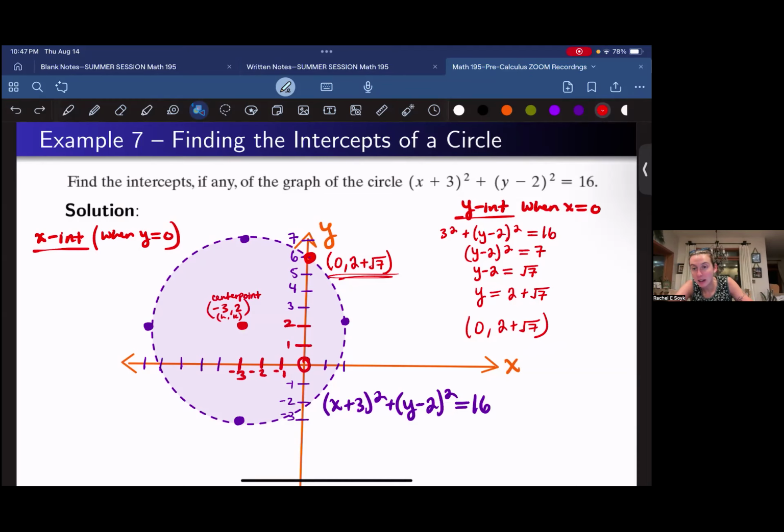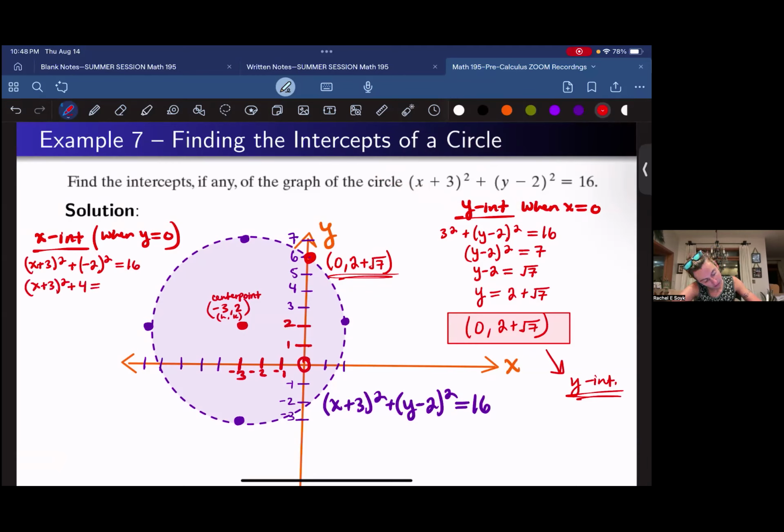Now let's calculate our x-intercept. We just have to plug in 0 wherever we see y now. So we have x plus 3 in parentheses squared plus negative 2 in parentheses squared is equal to 16. So we get x plus 3 in parentheses squared plus 4 equals 16.